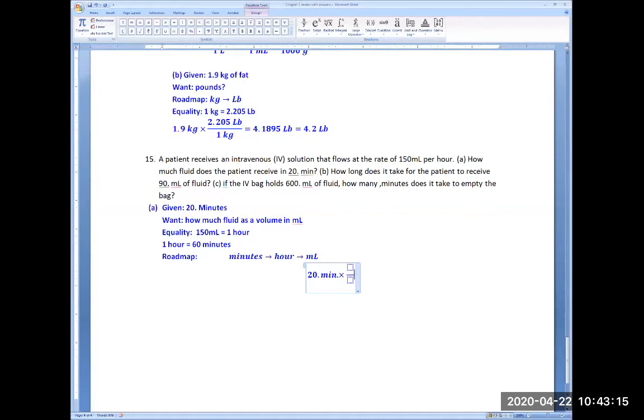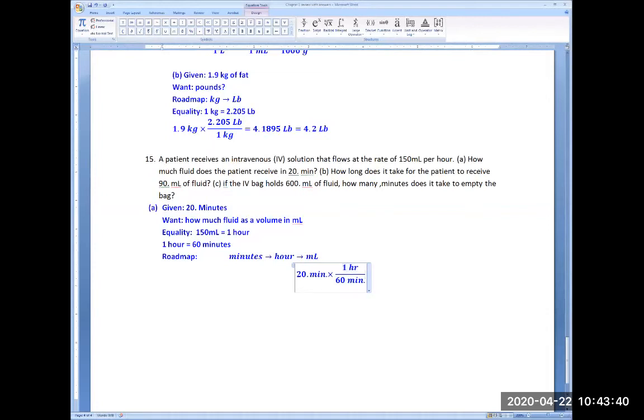So minutes in the given amount here is the unit you want to cancel with the first conversion factor. So the denominator of your conversion factor will have to have minutes. So the 60 minutes will have to be on the bottom. And then the 1 hour will have to be on top.